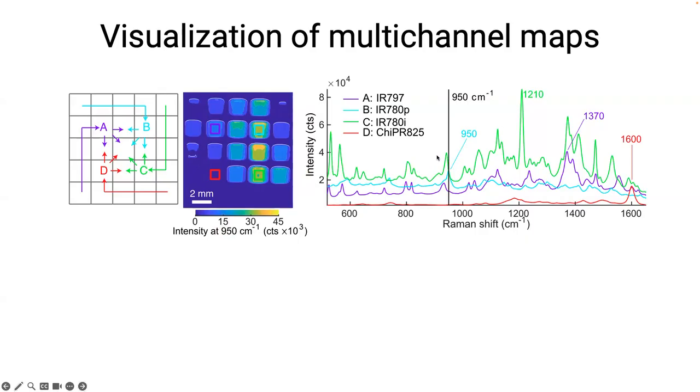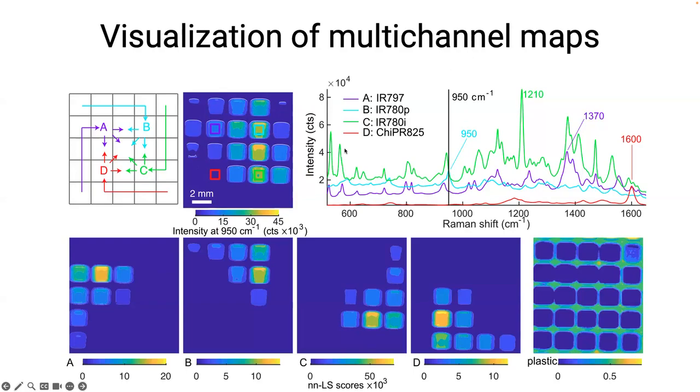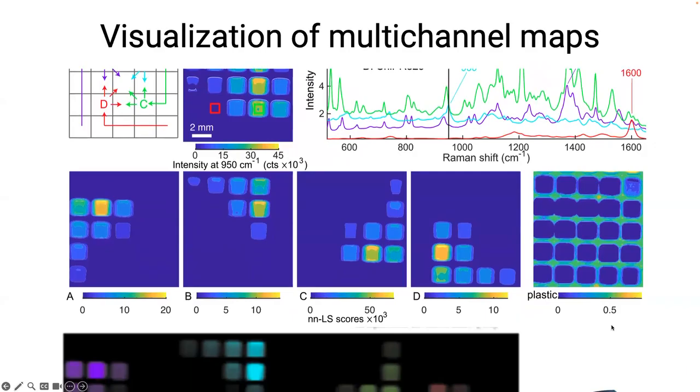But we can use regression to analyze the spectrum and simplify it and generate images based on these 4 reference spectra plus the plastic of the plate. So we analyze this image spectrally to produce these 5 images. 4 of them are interesting. The other one is a byproduct. We can ignore it.